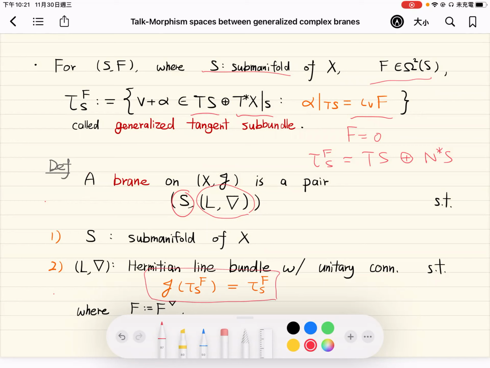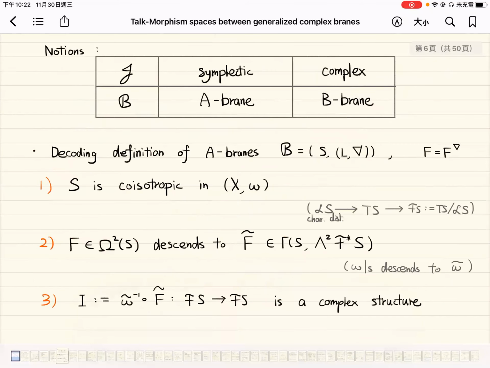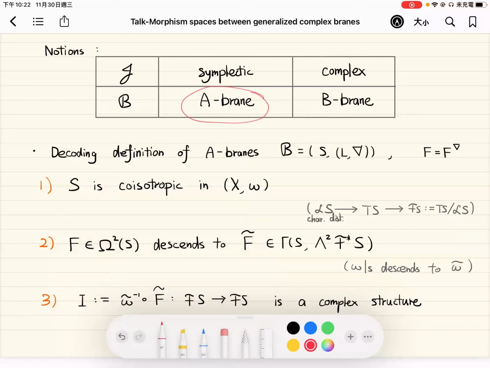So that's the basic definition of the brane. We can have the notion of A branes and B branes in this way. If the generalized complex structure is given by a symplectic form, then the branes are called A branes. And if the generalized complex structure is given by a complex structure, of course, the branes are called B branes.